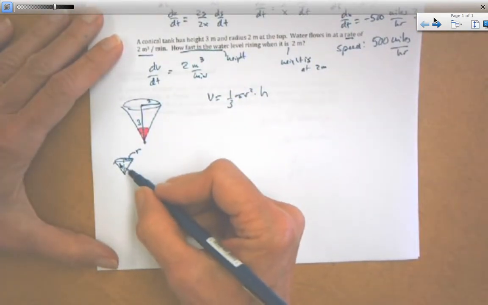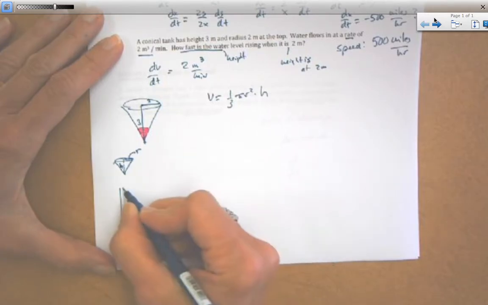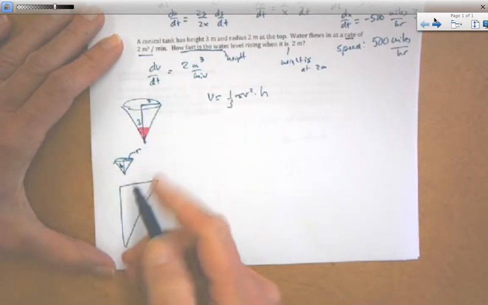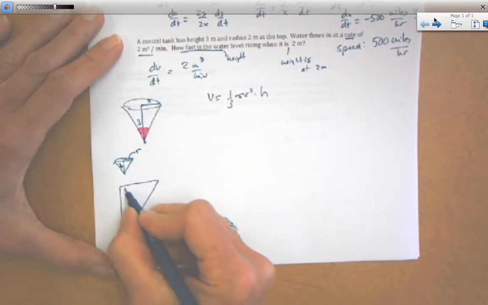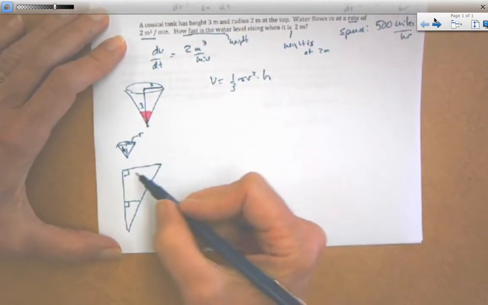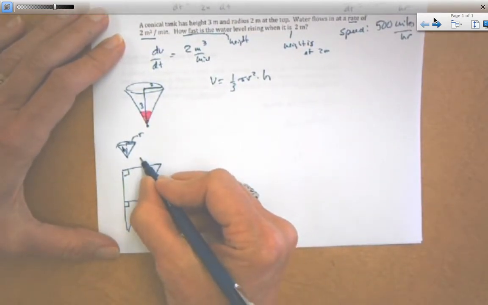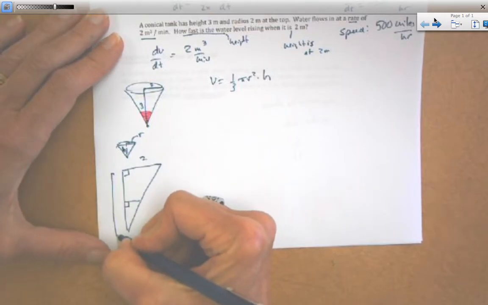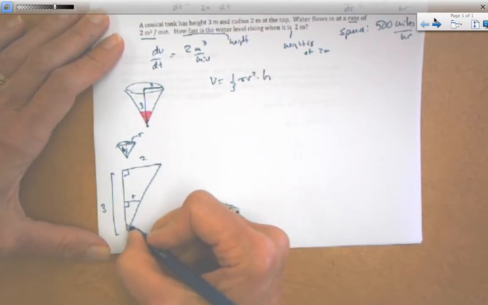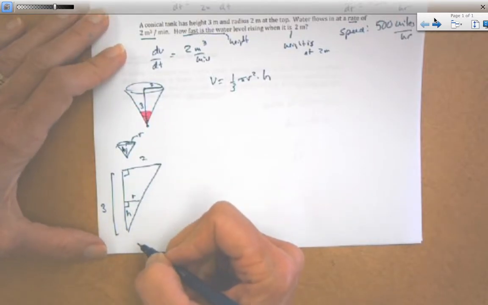I can make this cone figure, and if I put this figure on the outside and this on the inside of it, it fits right in there. Notice that the radius and the height are perpendicular to each other, so I've got a nice triangle relationship. And because these two angles are right angles and they both share an angle, these two triangles are similar triangles.